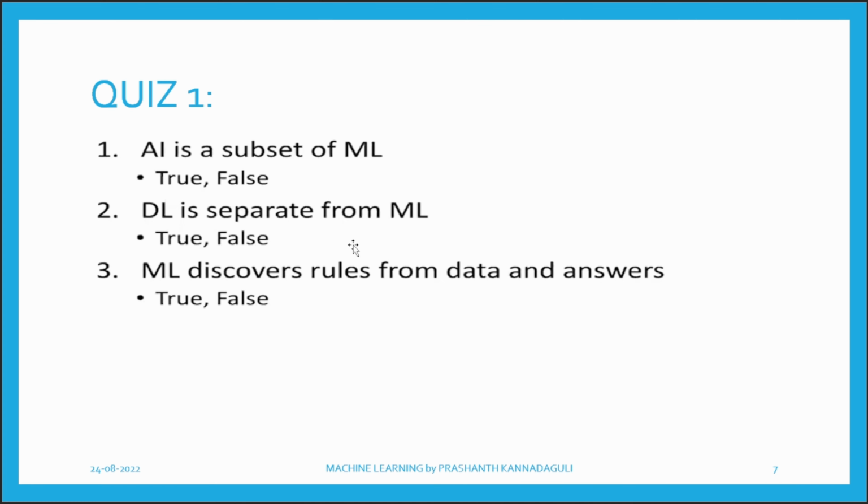This is how you answer: all the three answers you give at once, like T, T, T. If your answers are true, true, true, you put T, T, T. If your answer is false, true, false, F, T, F, and so on. Yes, all three together, Vandana. Don't give answers one by one.